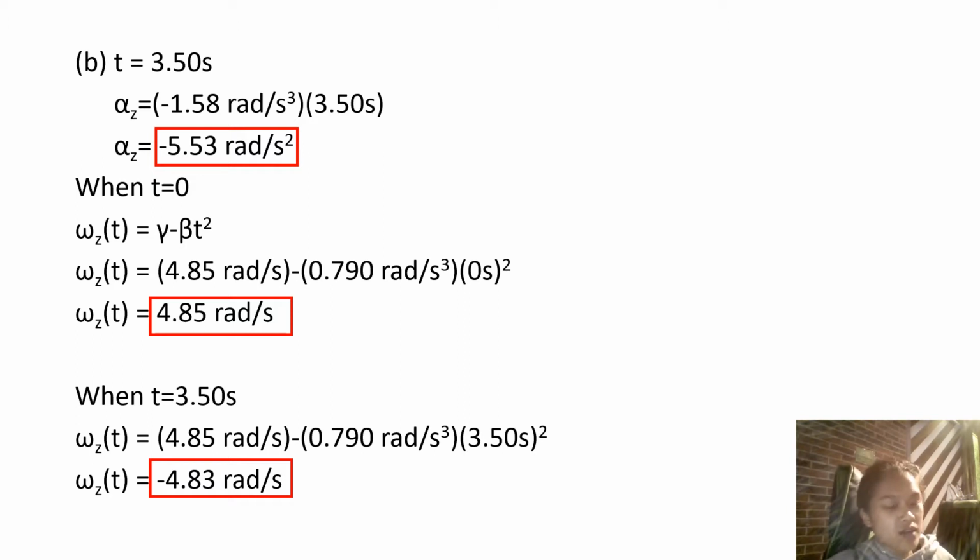Now we compute the average angular acceleration. When time is 0, the angular velocity is 4.85 rad per second. When time is 3.5, the final angular velocity is negative 4.83 rad per second.